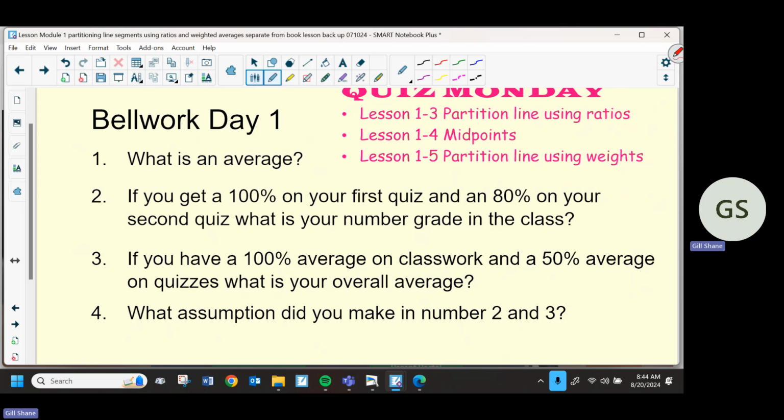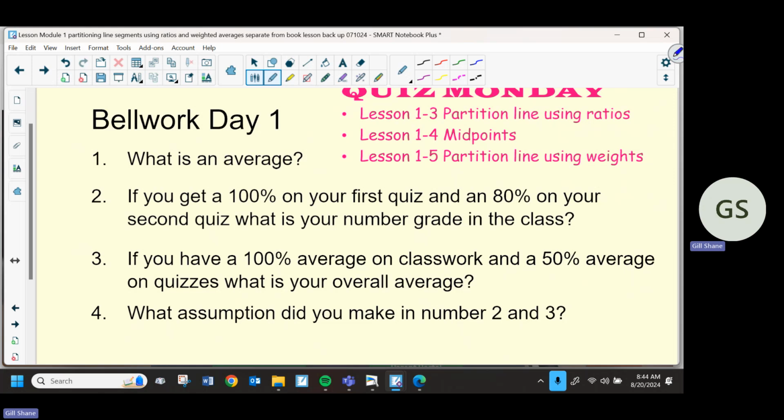Meaning, in number one, if I get a 100 on a quiz, and I get an 80 on a quiz, what's my average? What does that average out to? 90, right? 90 is the exact middle of those two numbers. It is 10 away from 100. It is 10 away from 80.